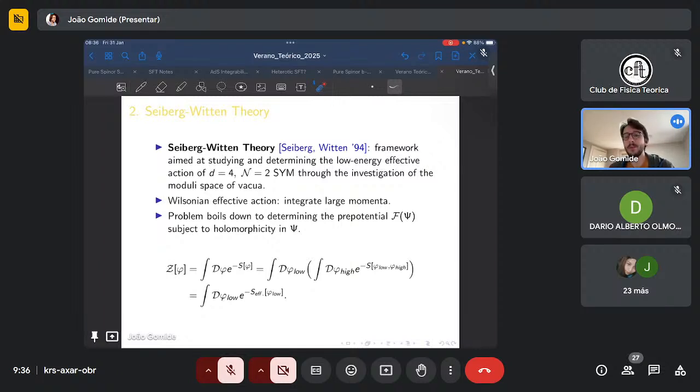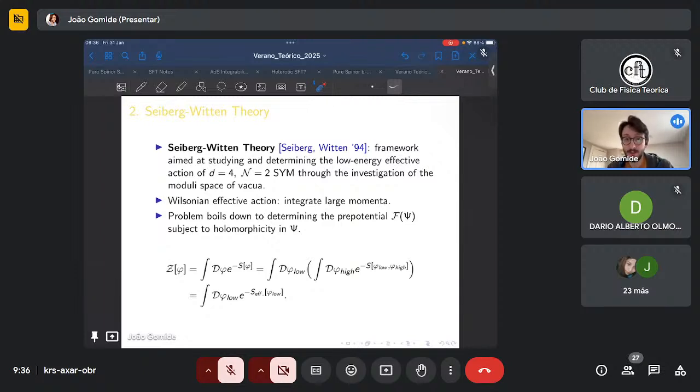And because you're integrating out all of these high energy modes, you can have all sorts of different interactions appearing in this effective action, and it is usually pretty tricky to determine what it looks like.